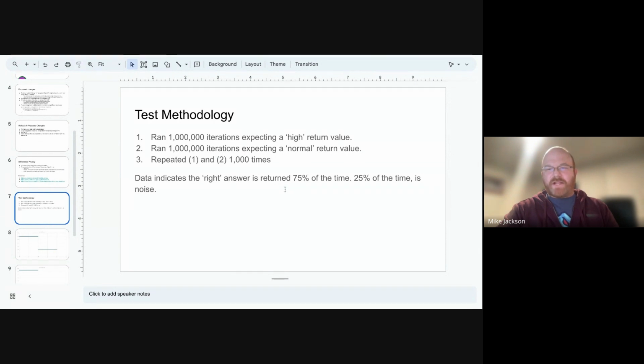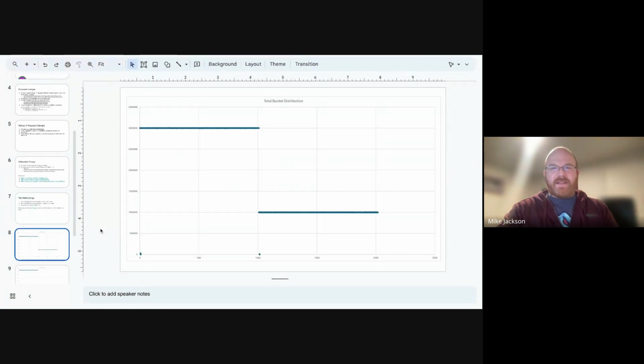As per the proof that Charlie pointed out, the answer is right 75% of the time. And here is the data that proves it. These aren't lines, this is a scatter point graph, but you can see how tightly clustered everything is. The top line is the number of times that the answer was correct, and the bottom line is the noise that's being added into the system.